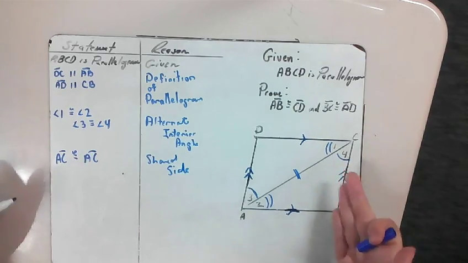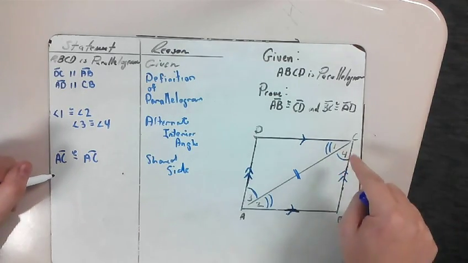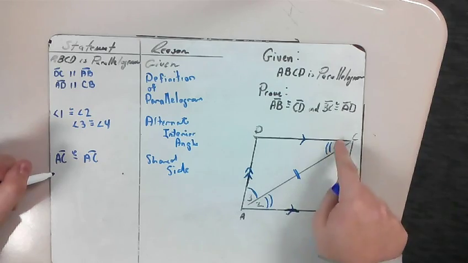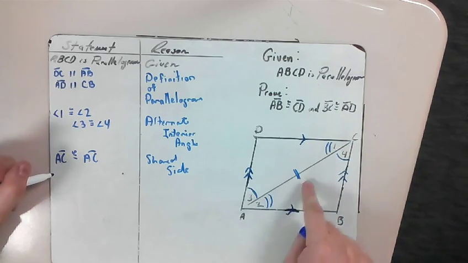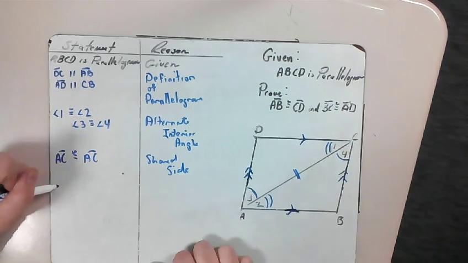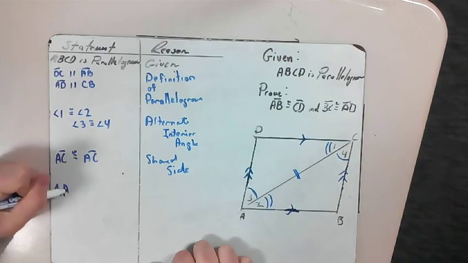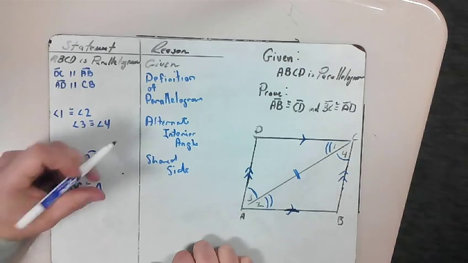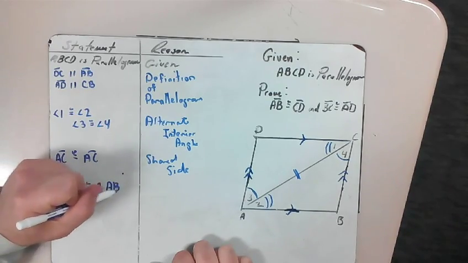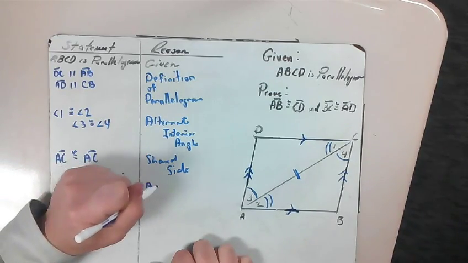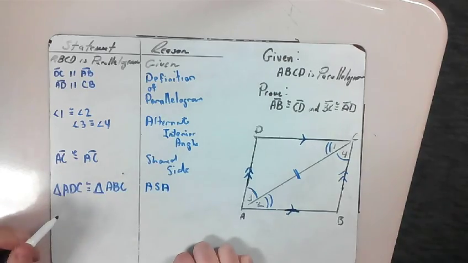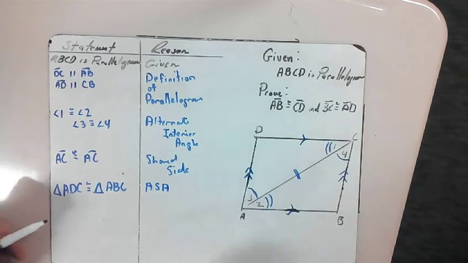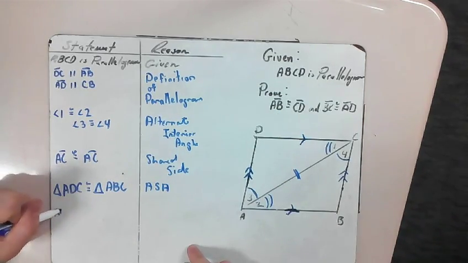So my triangles are congruent because of, let's see, angle, side, angle. There it is. So triangle ADC is congruent to triangle ABC, and that's because of angle, side, angle. Now I can make this statement, which is the property of a parallelogram.